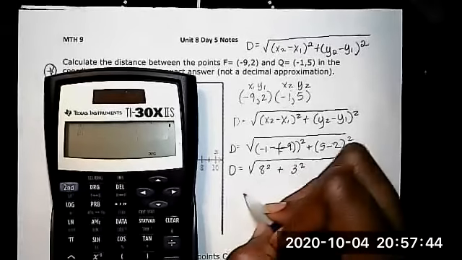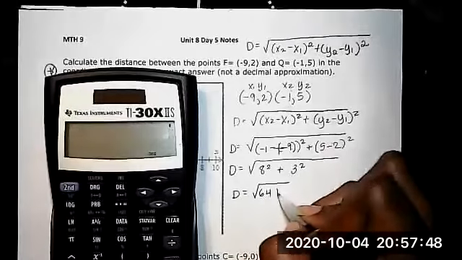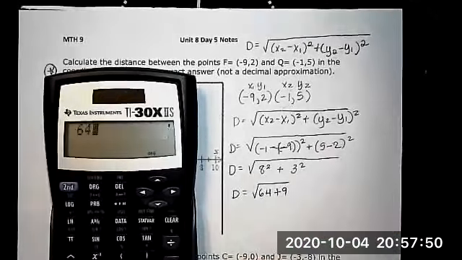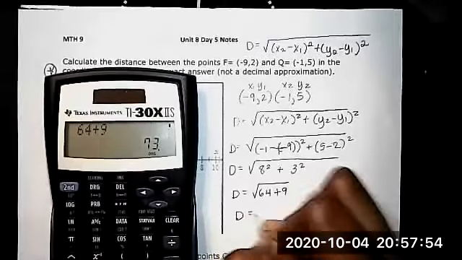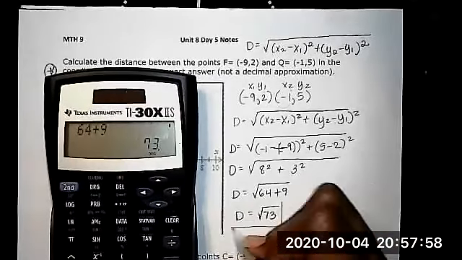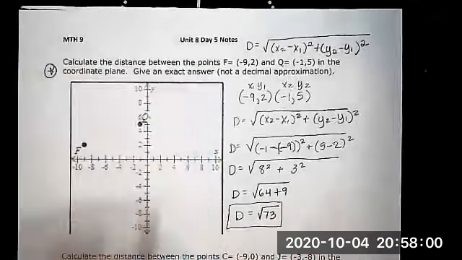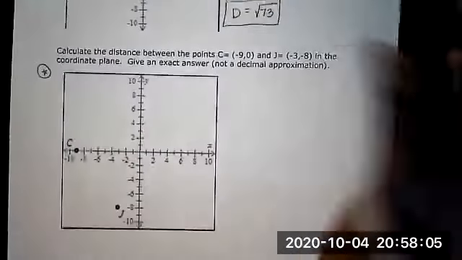Okay, and 8 squared is 64, plus 9, 73. D equals the square root of 73. Okay, and you can leave it like that. It does not want a nasty decimal. So it wasn't that bad if we did it by hand.